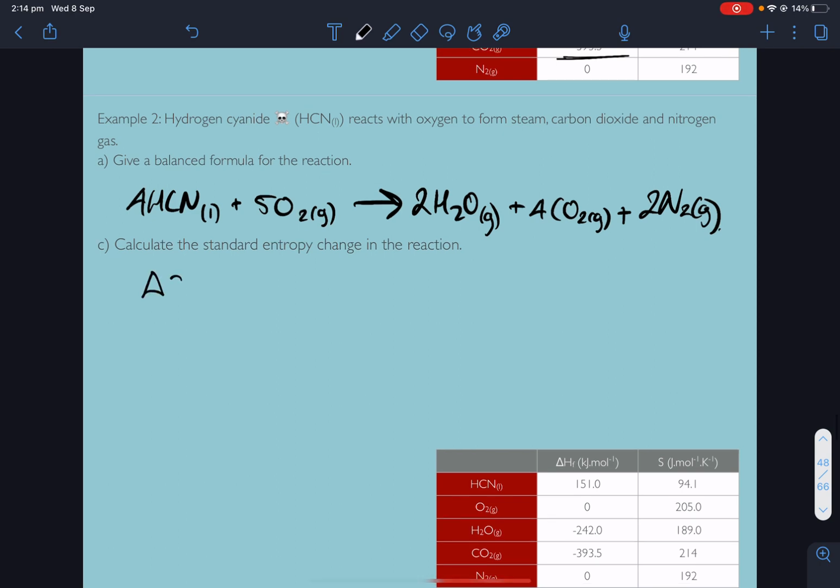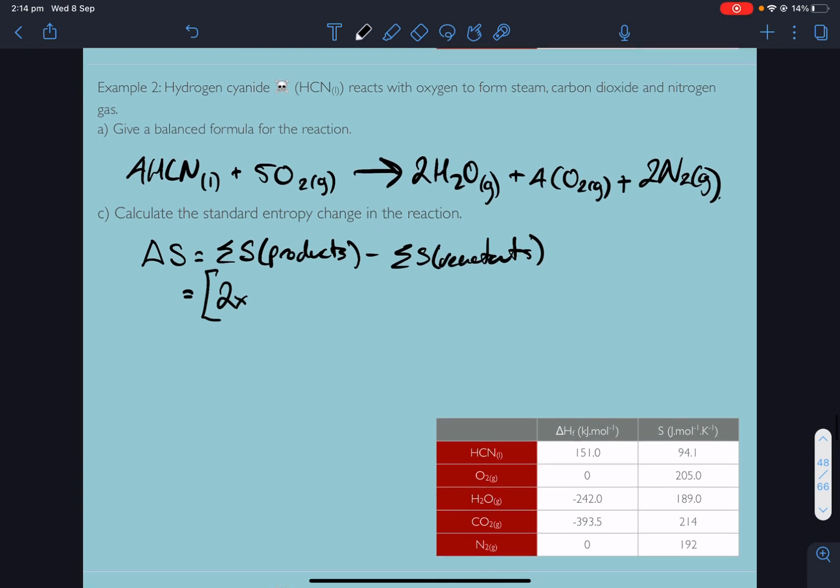So let's calculate our entropy change. The sum of the entropies of our products minus the sum of the entropies of our reactants. Okay, so 2 times the entropy of water as a gas, that's 189.0. Plus 4 times carbon dioxide entropy, which is 214.